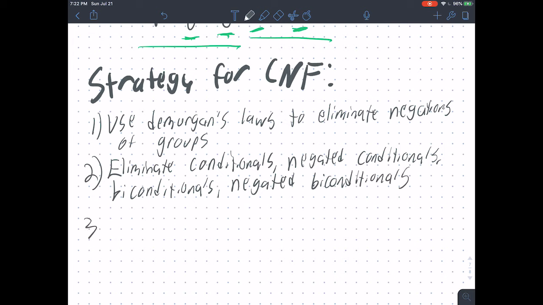And if that doesn't get us there, and a lot of the time it will, what we need to do is distribute.